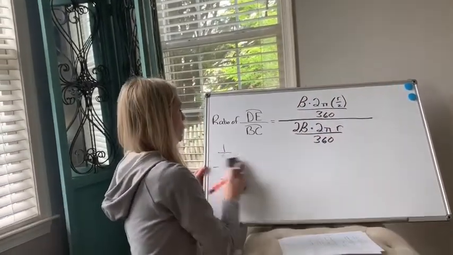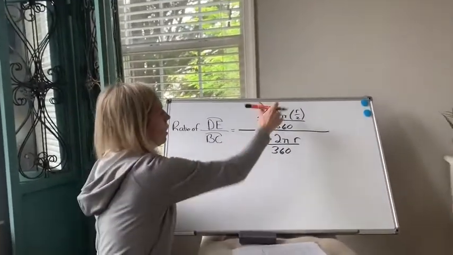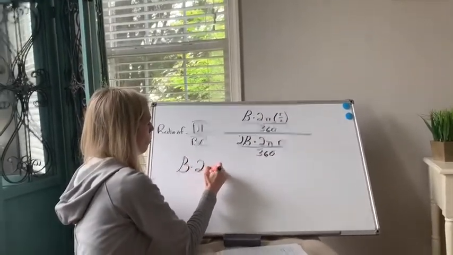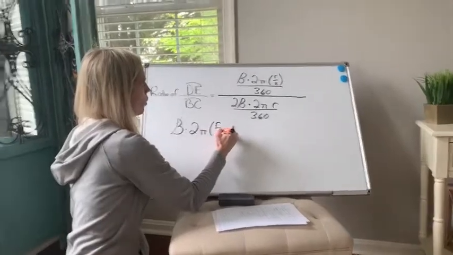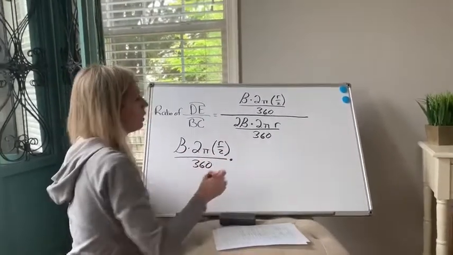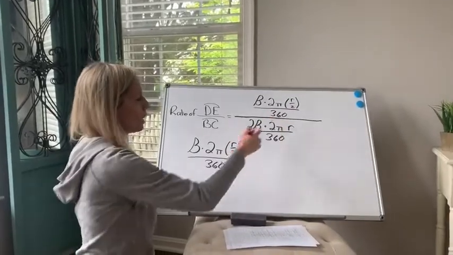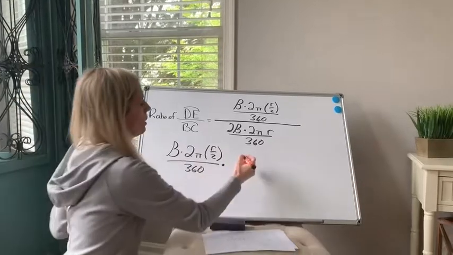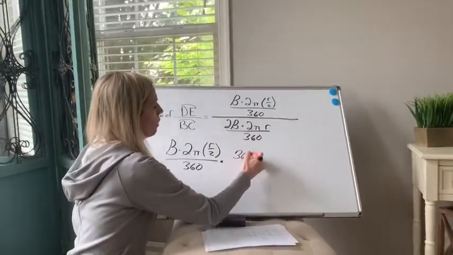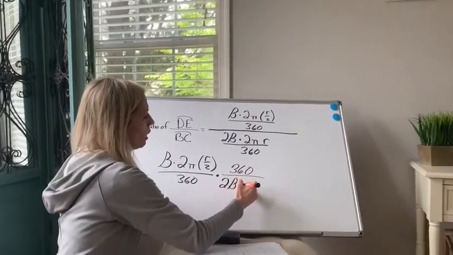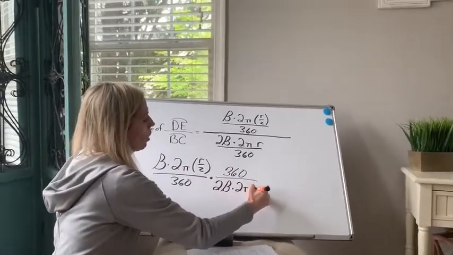So I'm going to erase, so I've got some room here. We're going to take our numerator, so we've got beta times 2 pi times r/2 divided by 360, and then we're going to multiply it by the reciprocal of the denominator. So this is our fraction, so we're going to flip it. So the 360 would be in the numerator, and then the denominator is going to be 2 beta times 2 pi r.